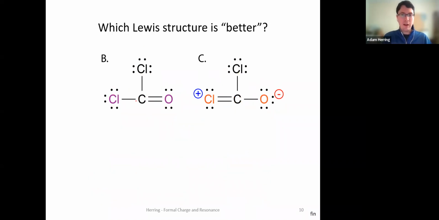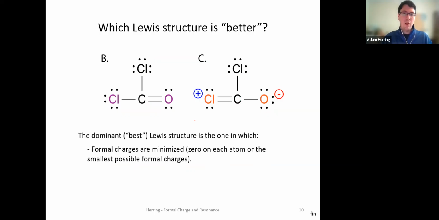Now that we've identified the formal charges on the 2 different elements in each structure, which are different between the structures, we need to ask, how can we use that information to determine which of those structures is better? The way that we evaluate this is first evaluating to minimize the total formal charges.